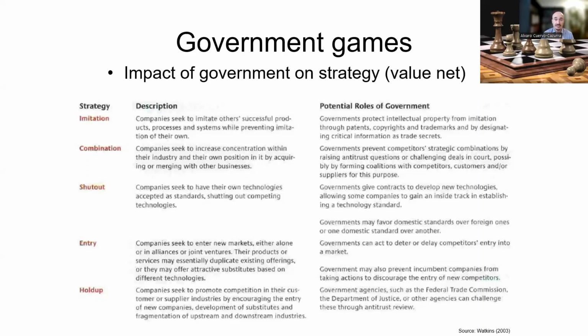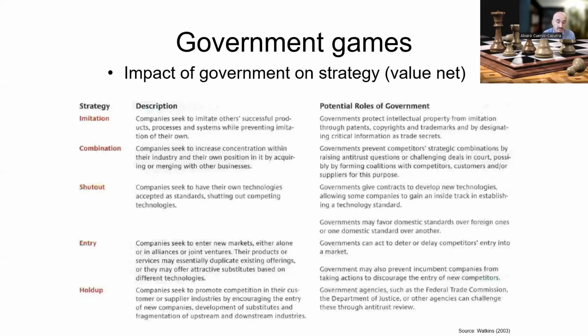Entry is another story, keeping companies out of the industry, barriers, and then, of course, the story of, look, I can ask the government to try to do that. Typically, maybe not with domestic companies, but in many cases, look, foreign competitors are being unfair, and therefore we should do something about it. So there's always this area in which I'm trying to use the government as another tool against my competitors.